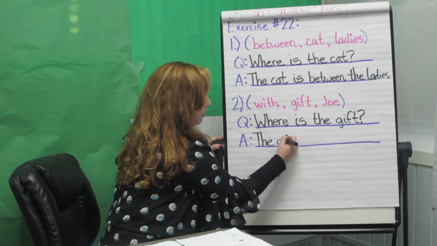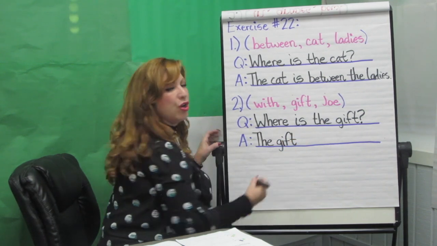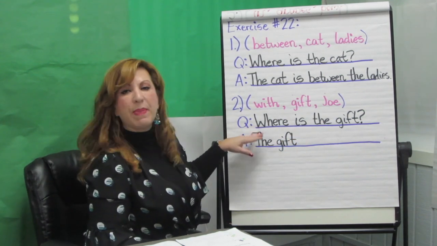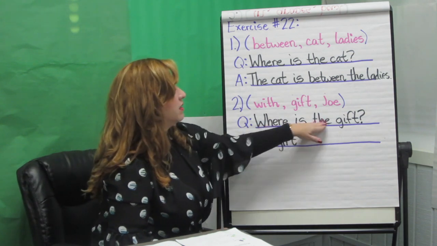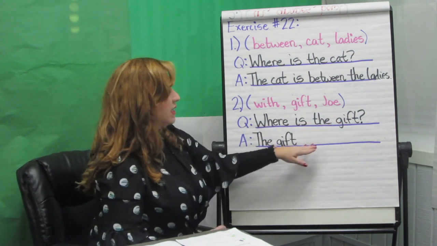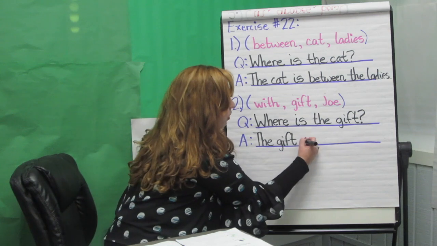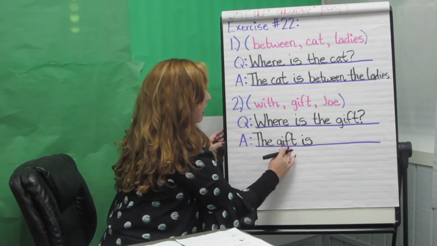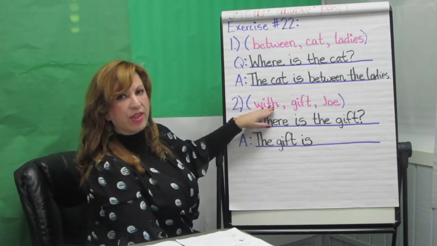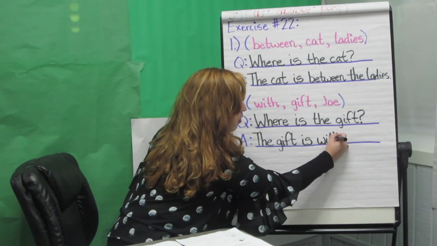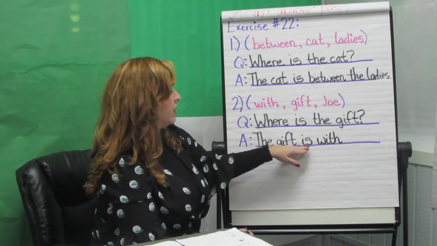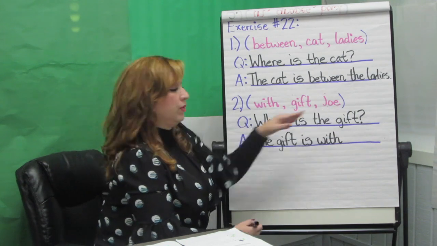And remember, you could always review and see the pattern as we plug in the words. Where is the gift? The gift is, our helping verb. The gift is with, is our preposition. The gift is with Joe.